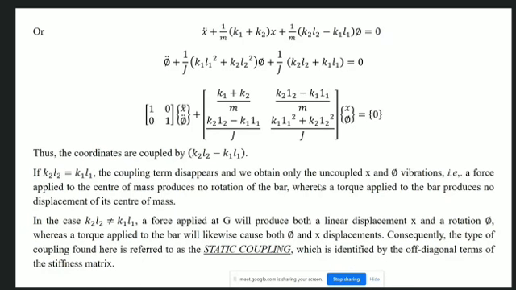So if we write both the equations in matrix form, we get the unit matrix times the vector containing x double dot and phi double dot, that means the acceleration vector, plus the stiffness matrix. This should not be 1, it should be L.